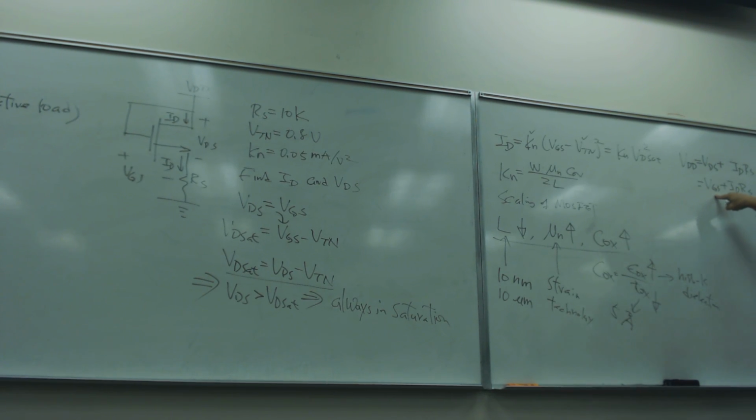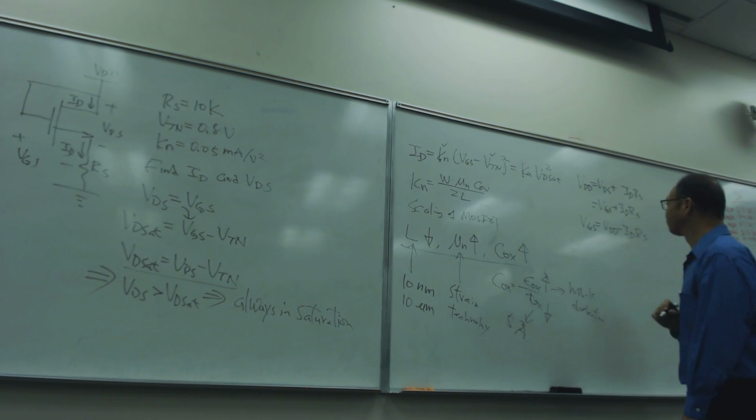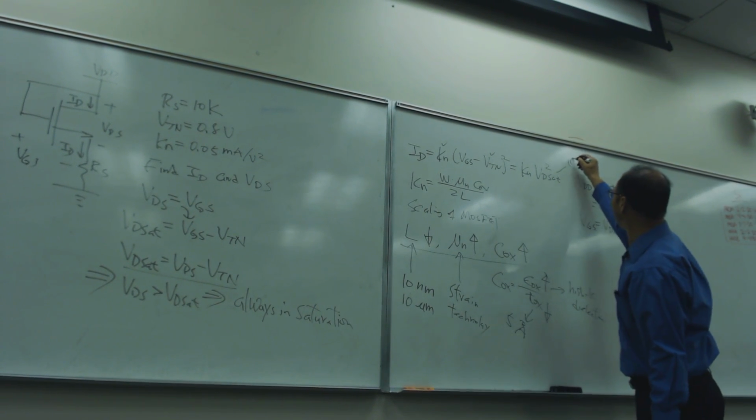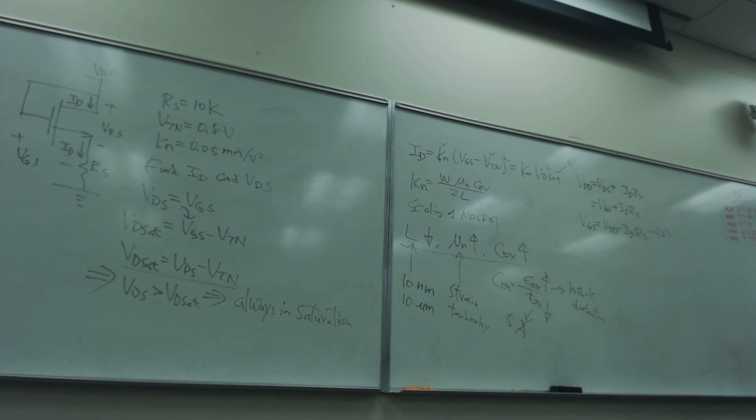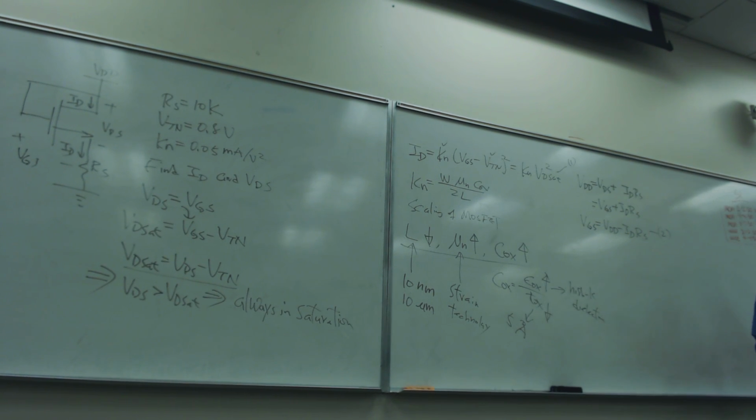So VGS from this equation becomes VDD minus ID RS. Let's call this equation 2, and this is equation 1. Now I can put equation 2 into equation 1. Got it?